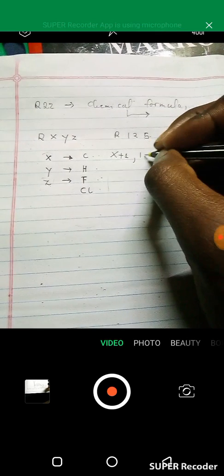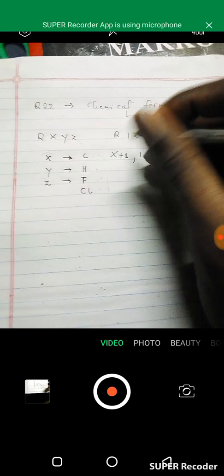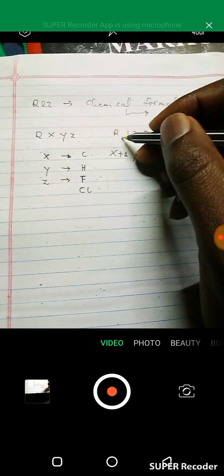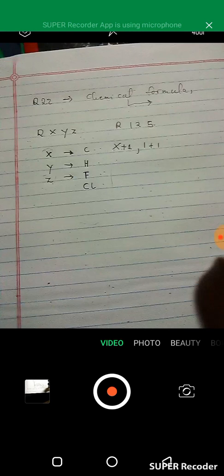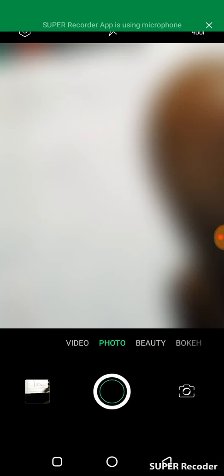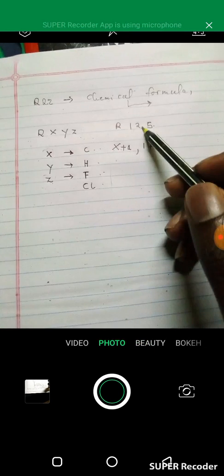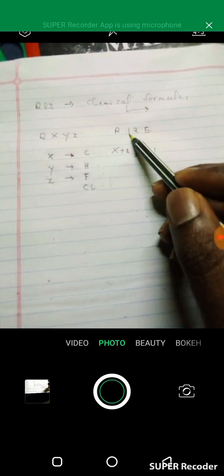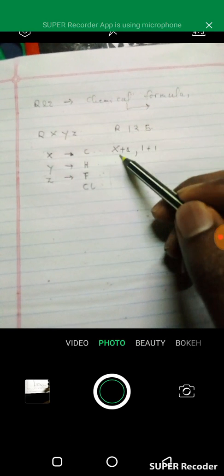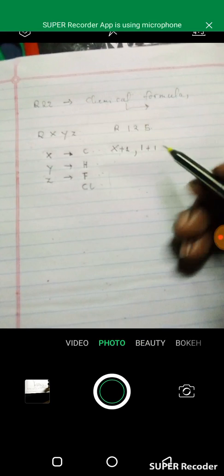If there was a 5 here, your X would be 5. But anyway, so based on this, this particular compound has 2 carbon atoms.